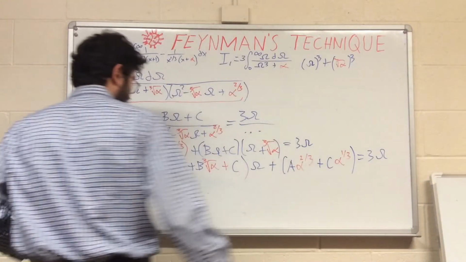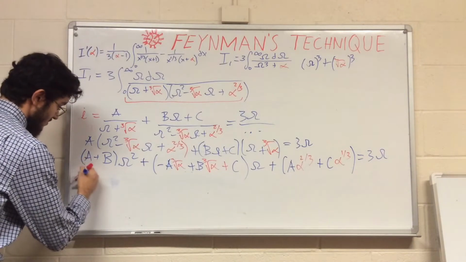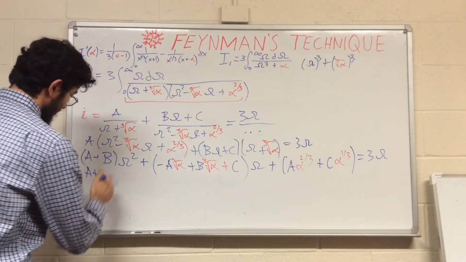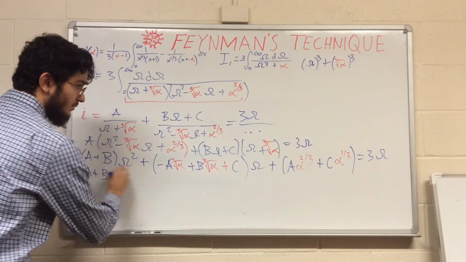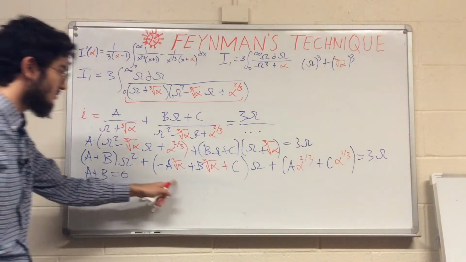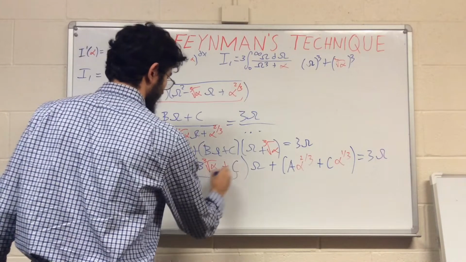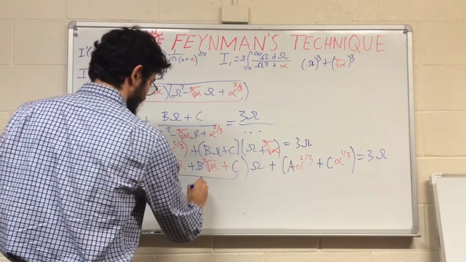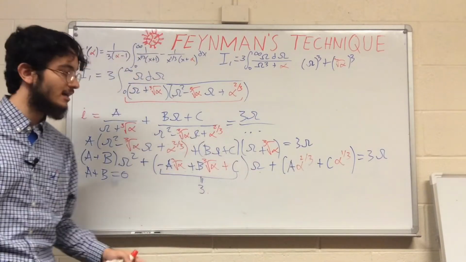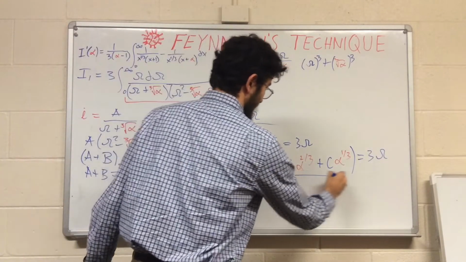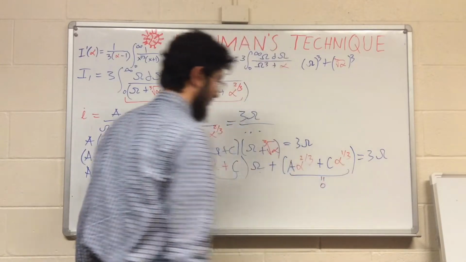Now, we know that A plus B is going to be equal to 0, and this whole expression over here will be equal to 3, because this is the factor of omega, and this whole expression over here will be equal to 0.